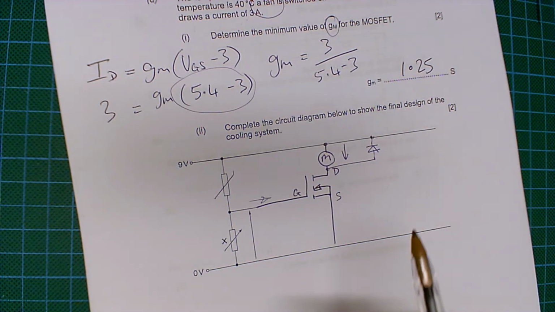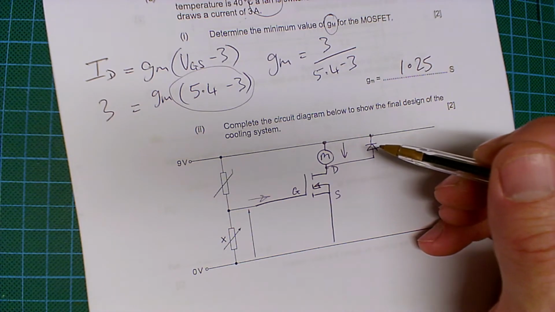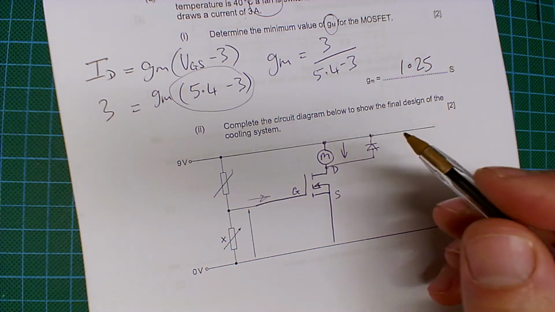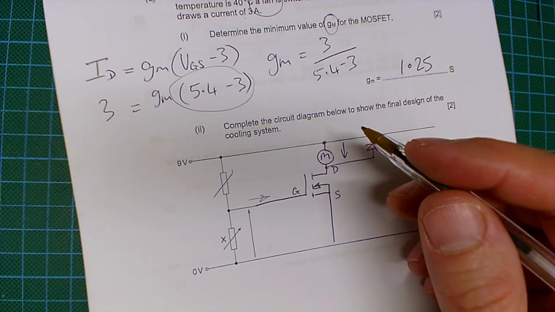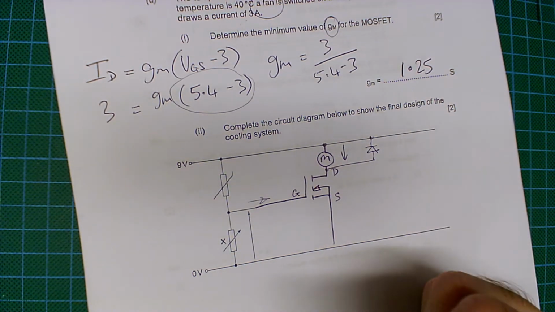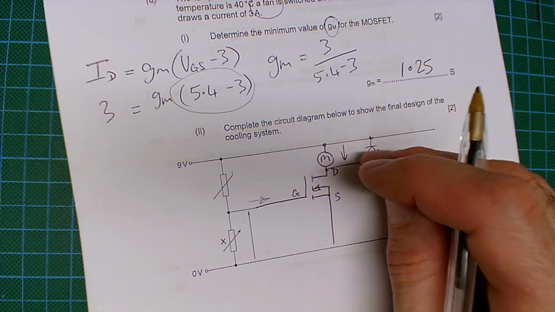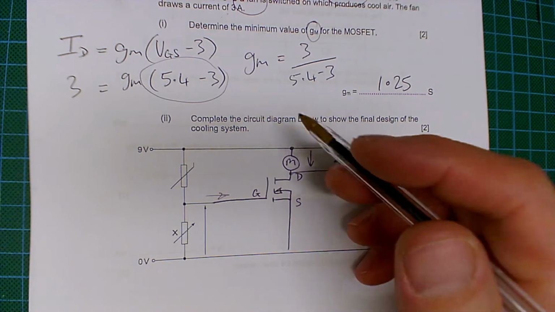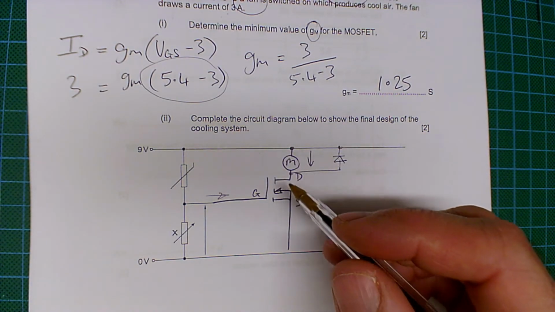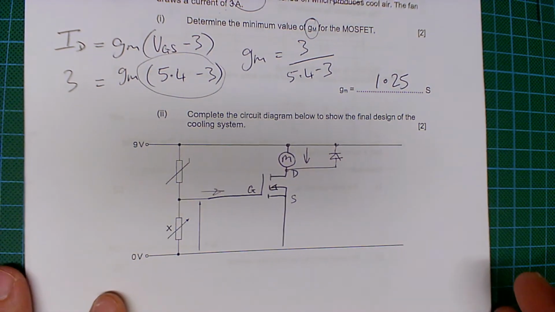At GCSE level, just accept that you need one of those, unless you've got something like a heater or a light bulb, which doesn't have a coil which stores electromagnetic energy. Don't worry about the details of why that's needed, just have one, okay? So that's going to get you everything that you need. I think that's it for this question.